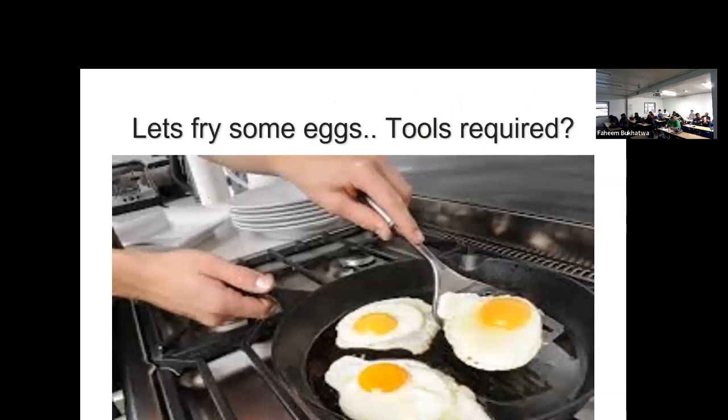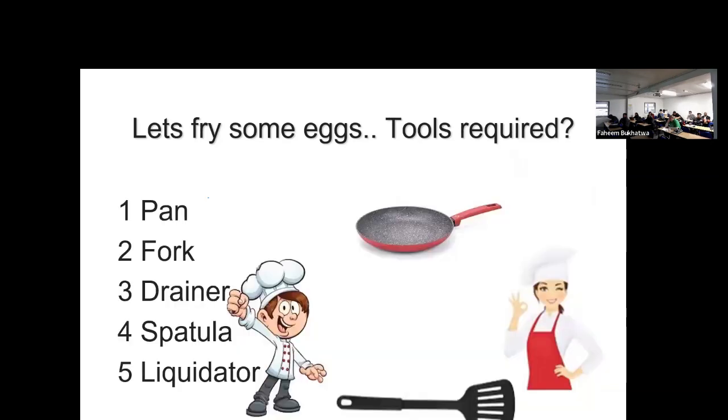Right. Now, in this kitchen, let's go and fry some eggs. Everybody knows how to fry an egg? Great. What tools do you need to fry an egg? So simple. The tools you need, this tool is held in the right hand and this tool is held in the left hand. So we have a frying pan and a spatula. These are the only two tools you need. If you have them, you're going to fry your egg and eat it.